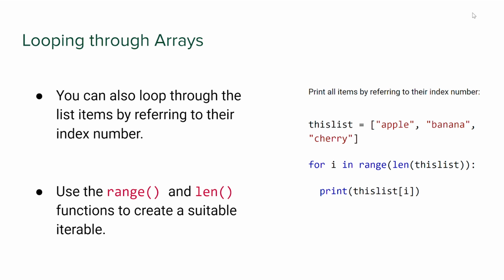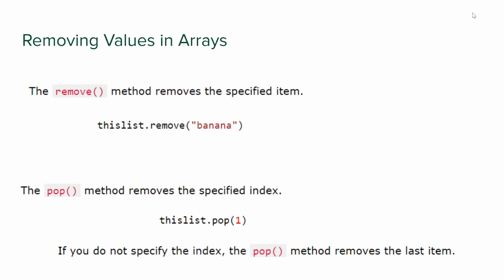So we have this list equals apple, banana, cherry. For i in range of len of this list, meaning that the range is the length of that list, we print that position value of the list. We use the range and len functions to create a suitable iterable. An iterable is something that you can iterate through, which is exactly what you're doing in the context of a for loop, a count controlled loop.